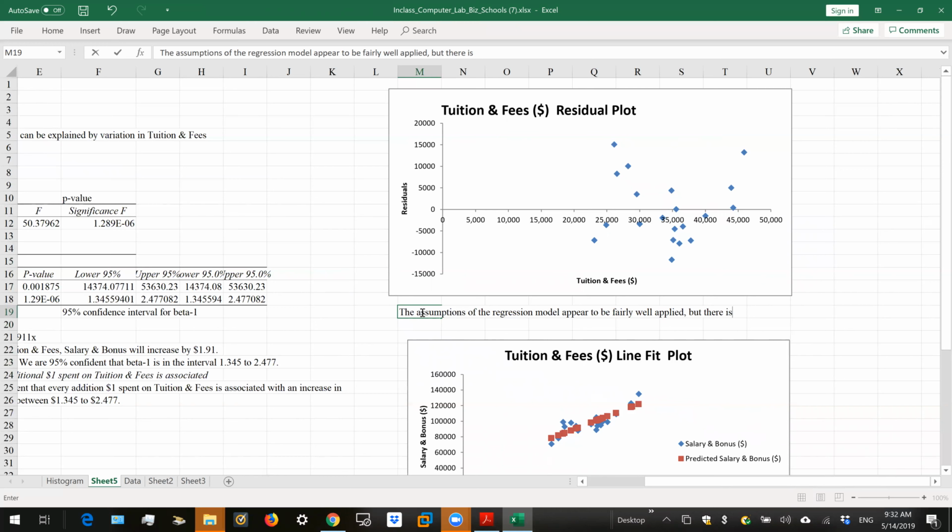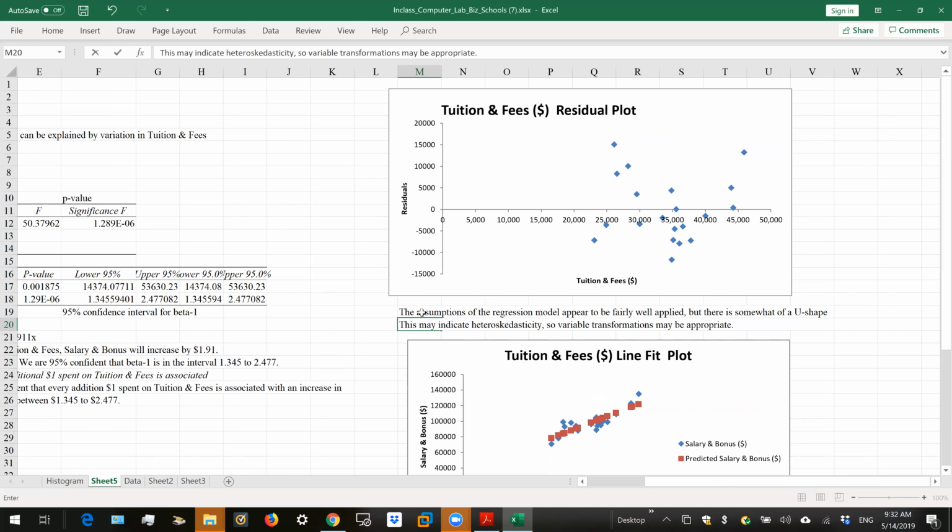But there is somewhat of a U shape, and we can say this may indicate heteroscedasticity. So variable transformation may be appropriate.